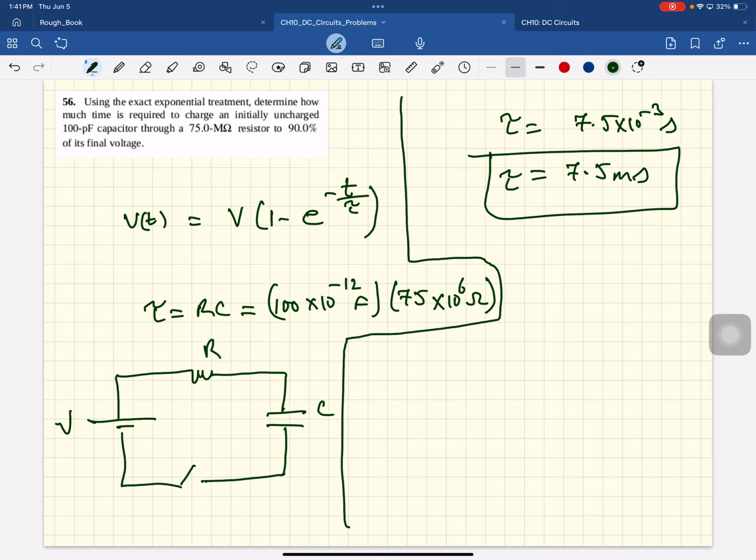You want the voltage to build up to 90% of its maximum value, and we're going to solve for t.